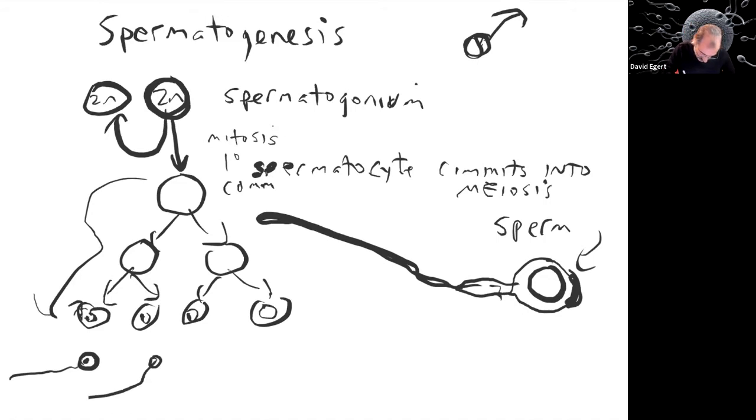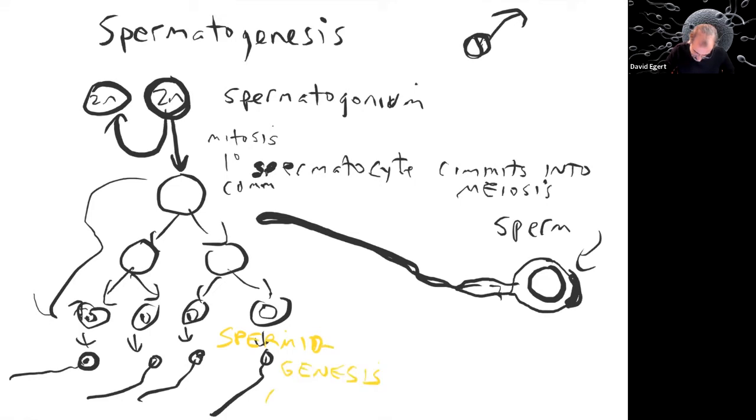These little dudes grow a tail. That final step is called spermiogenesis. So spermiogenesis is that kind of remodeling.